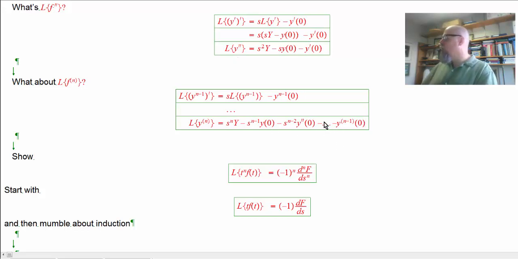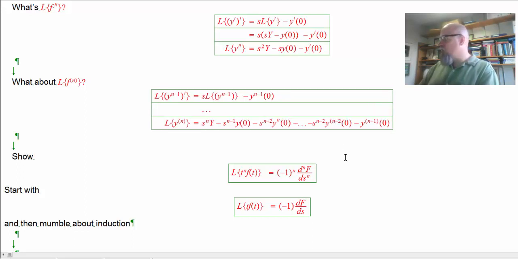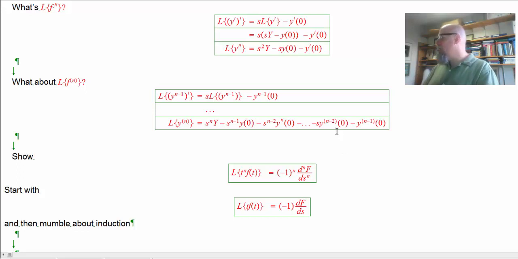The one right before that would be the n minus 2 derivative, and there would just be one s here. The power of the s plus the number of the derivative always equals n minus 1. So there's our general formula for the Laplace of the nth derivative.